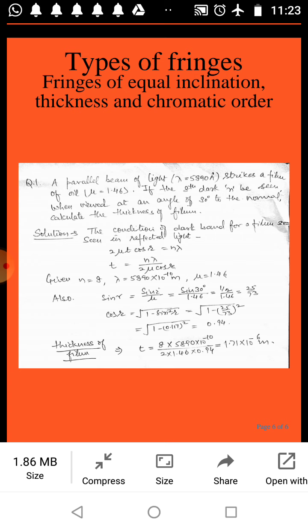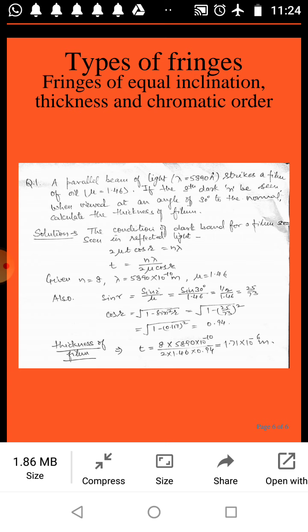By solving this, we get 25 upon 73. Similarly, we want the value of cos r, so cos r is equal to under root of 1 minus sin square r, which is equal to 1 minus the square of 25 upon 73, which is equal to 1 minus 0.117, under root, equal to 0.94. Then we get the value of cos r as 0.94.